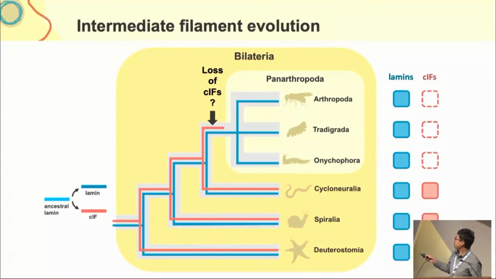But interestingly, in a group of animals called pan-arthropods, which includes insects, spiders, or velvet worms, so far no one has ever found anything that looks like an intermediate filament in most of these animals. So most people believe that these animals might have lost their cIF since the very early period of their evolution.